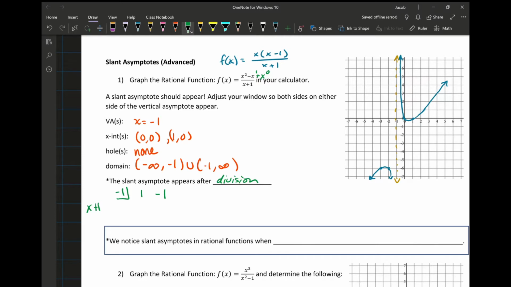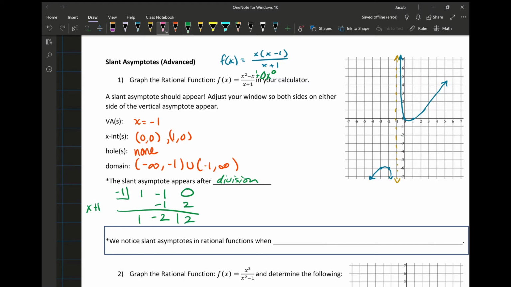So the coefficient on the x to the 0 term is 0. So we have to write 0 for our division with synthetic division. The division works out like so: 1, -1, -2, 2, and 2.